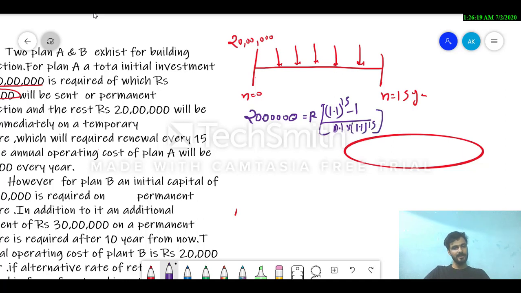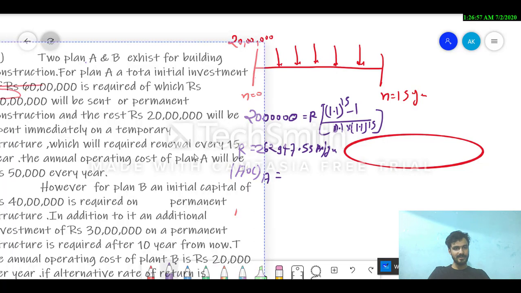From here you will get the value of R, which is 262947.55 rupees per year.